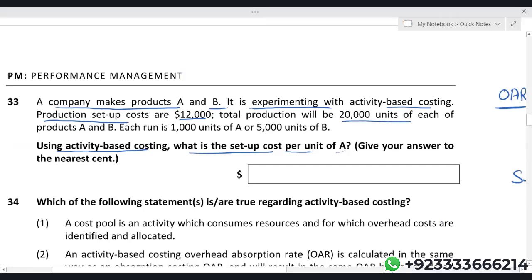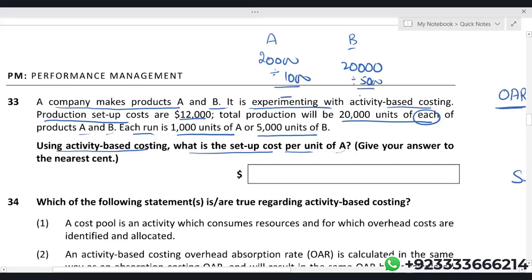Total production will be 20,000 units of each of product A and B. Each run is 1,000 units of A and 5,000 units of B. If I divide by 1,000 and by 5,000, I get the number of setups needed for product A and for product B.